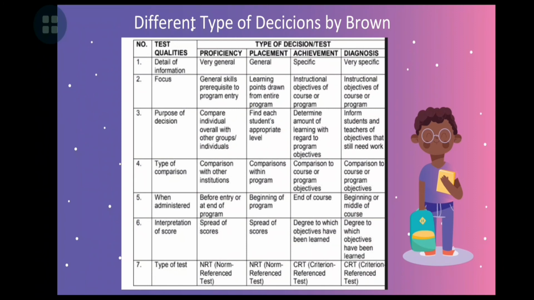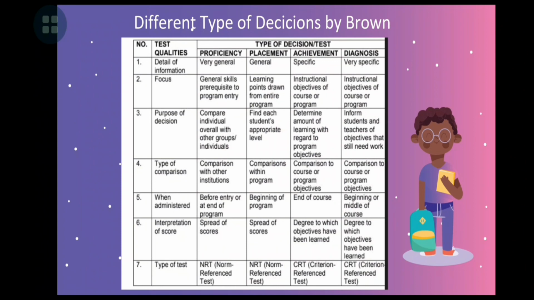Third, the differences are in the purposes of the decisions for which they were designed. Fourth, the types of comparison can range from comparisons with other institutions to direct comparison of each student's performance on the objectives of the course or program. Fifth, the decisions are made at different times throughout the student's stay in a program.